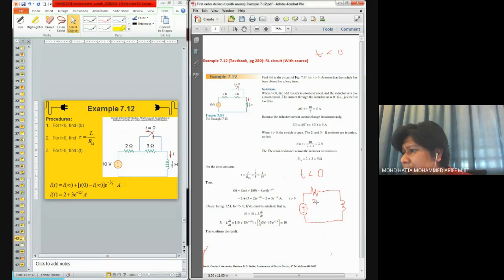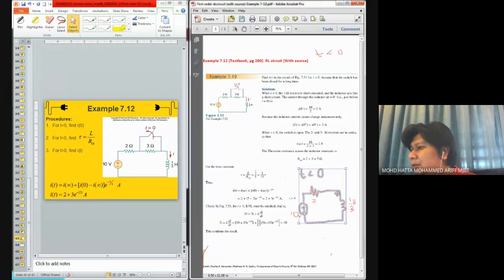So this resistor is 2 ohms, this is 1/3 Henry, and this is 10 ohms. If this circuit has been kept in this arrangement for a long time, this inductor will behave like a short circuit. That means you're going to have a circuit which looks like this at t less than 0.